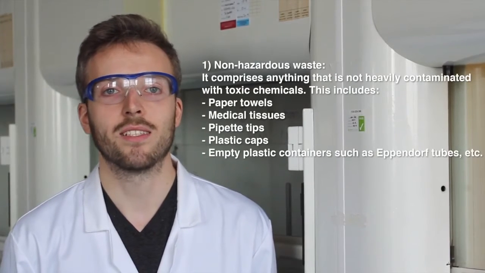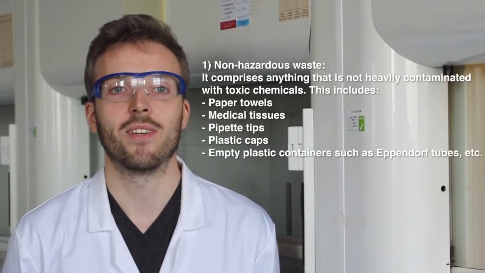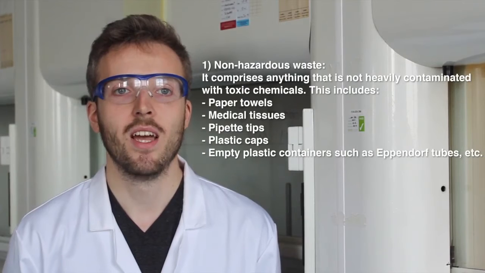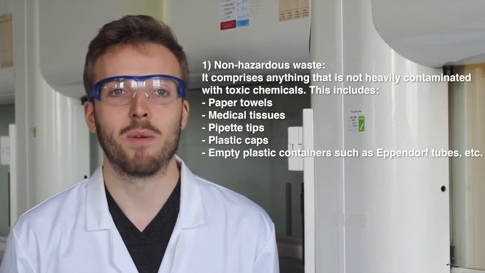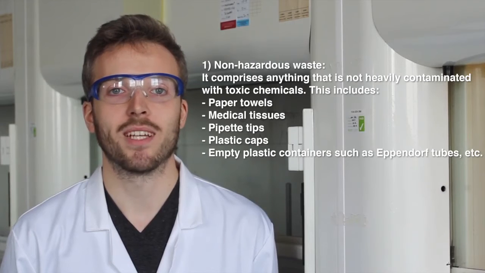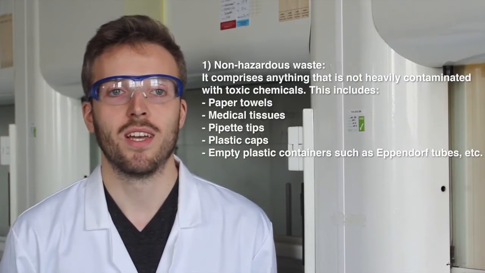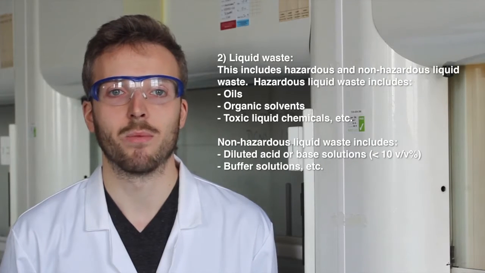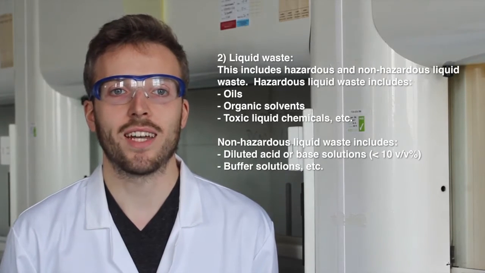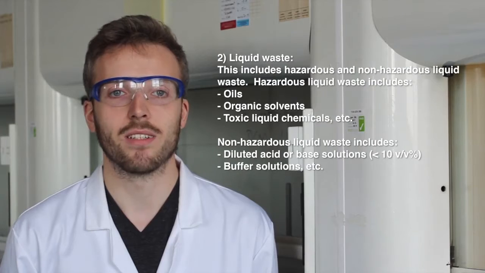In general, we have 5 different lab waste categories. First, the non-hazardous waste. This comprises anything that is not heavily contaminated with toxic chemicals. Most commonly, paper towels, medical tissues, mechanical pipette tips, caps, and empty plastic containers such as Eppendorf tubes. Second, liquid waste. This includes hazardous and non-hazardous liquid waste, for example oils, organic solvents, and toxic liquid chemicals.